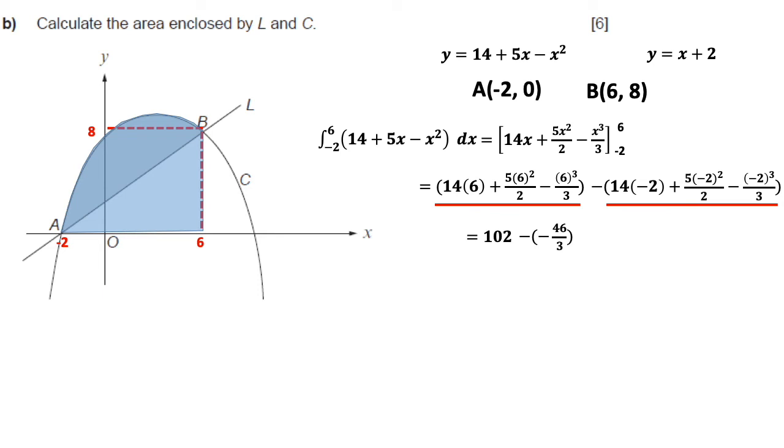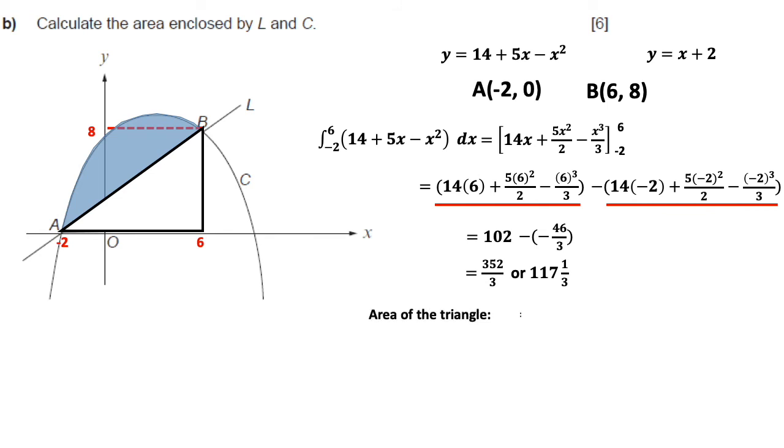So we're left with 102 minus 46 over 3, which leaves us with 352 over 3, or you can write that as 117 and a third. So that's the area underneath the curve. If we could work out the area of this triangle and subtract that away from the curve, we would be left with the area that was asked in the question.